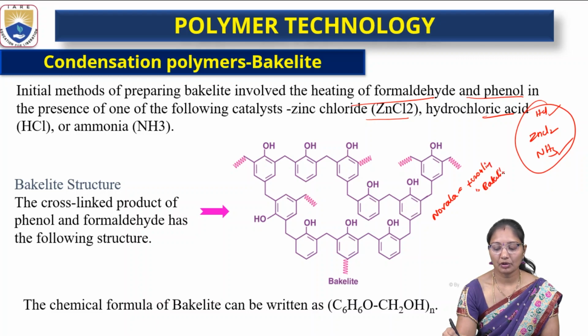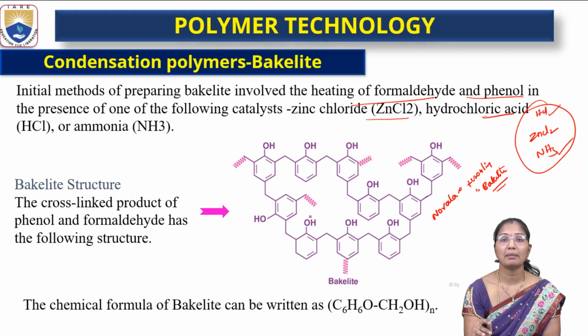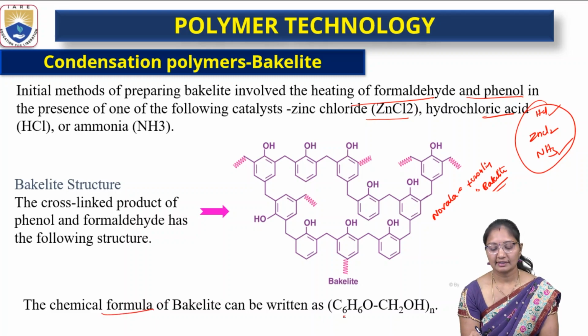So the resultant product is bakelite. So this is the general molecular structure. Following structure will be for the bakelite, and it has the chemical formula of C6H6O plus C6H6O plus CH2OH bonded to the molecule, with a number of repeating units.